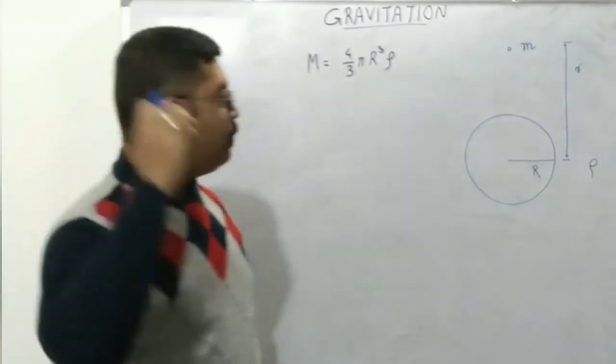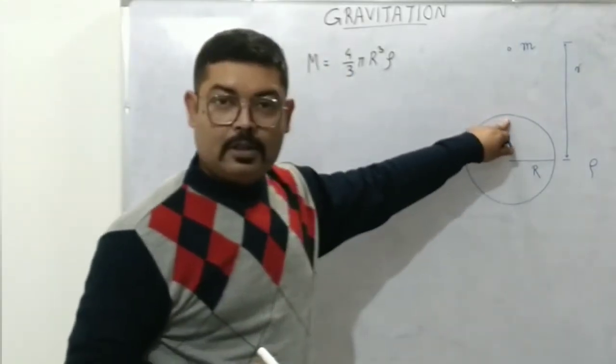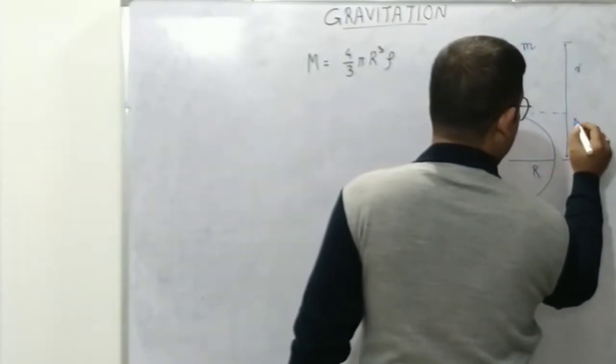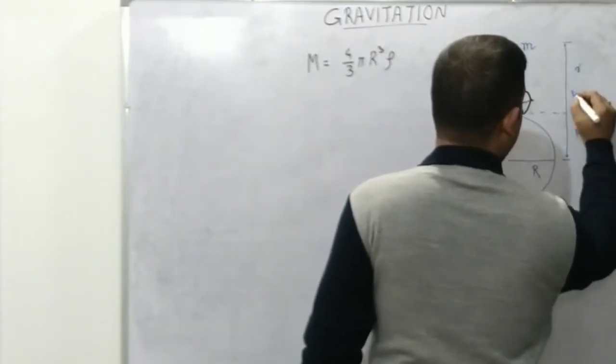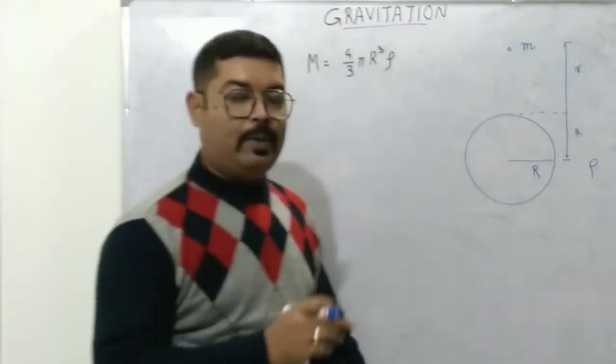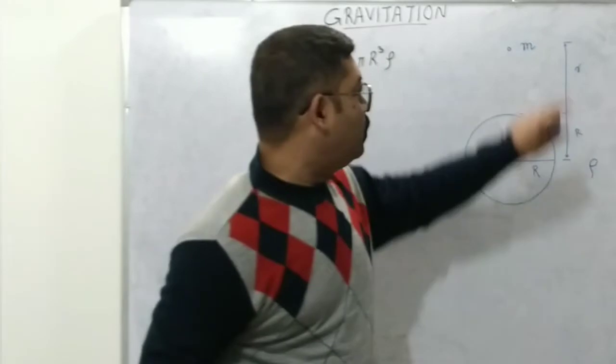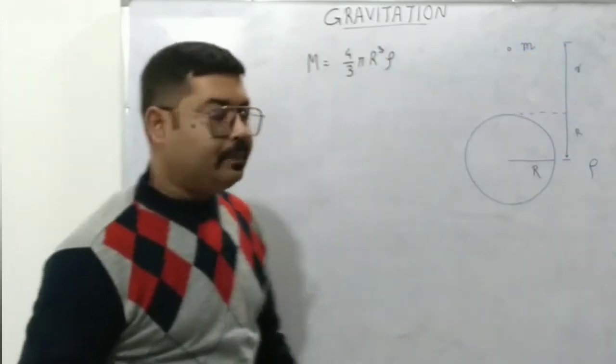So from the center of Earth, not from the surface of Earth. From the surface of Earth, the distance will be less, right? This distance will be r, and this distance will be capital R, small r minus capital R. So we are talking about the entire length.